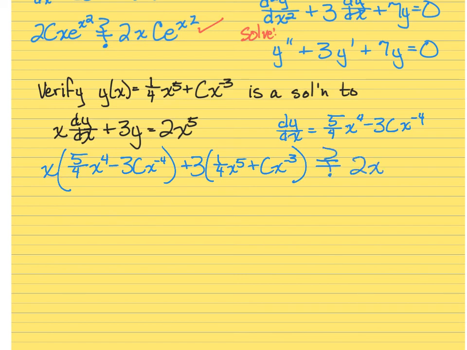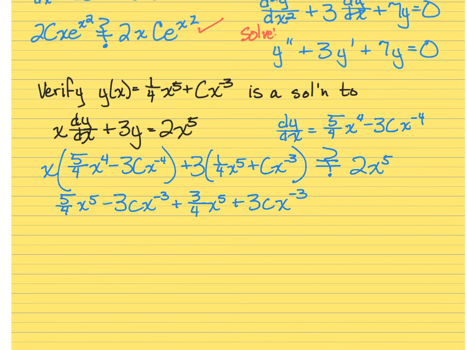2x to the 5th? Now notice we only plug the function in for the y's. The x's are just built into this equation, and they stay there. So if I do a little algebra here, we're going to have 5/4 x to the 5th minus 3c x to the minus 3rd plus 3/4 x to the 5th plus 3c x to the minus 3rd.